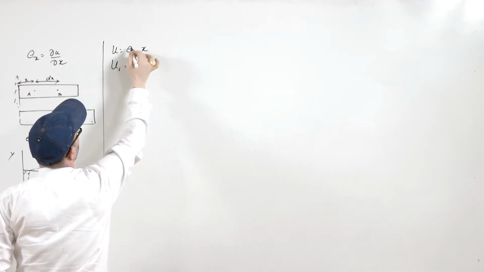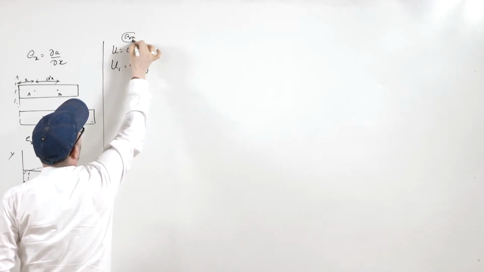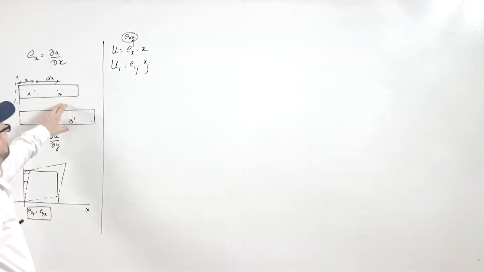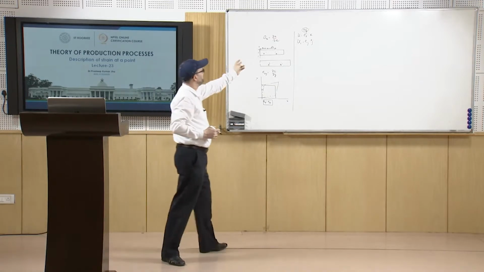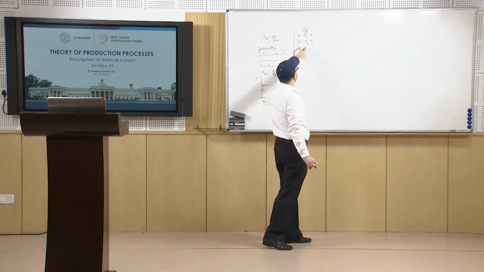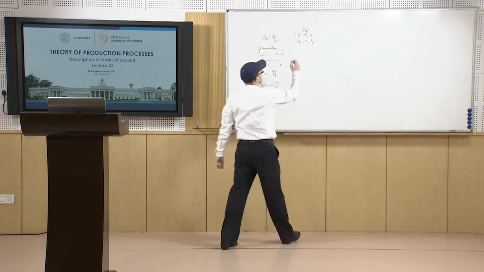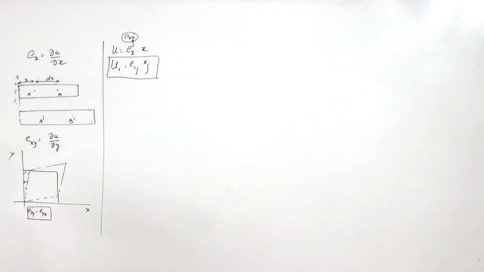Ex is also Exx, because we are talking about one dimension, pure tension, which is the linear component. When we take 2 or 3 dimensions, you can generalize and write ui as Eij into xj.